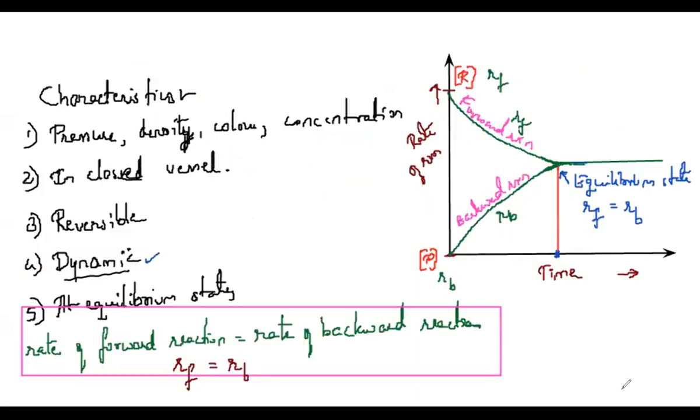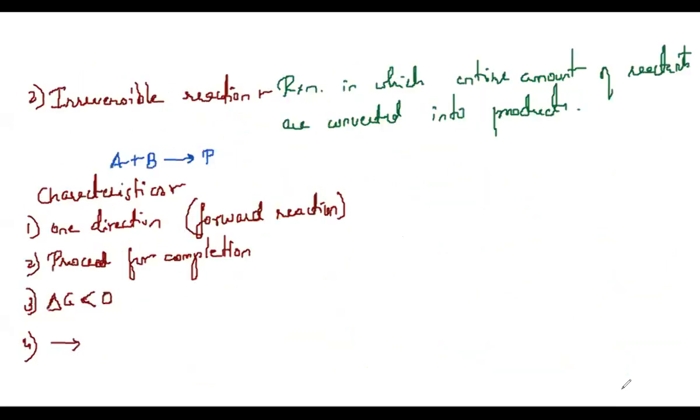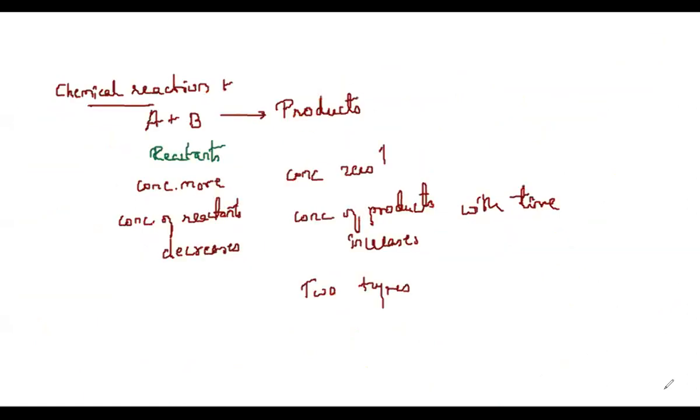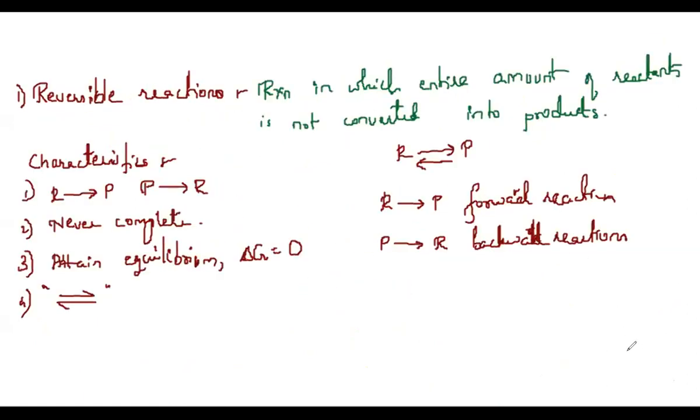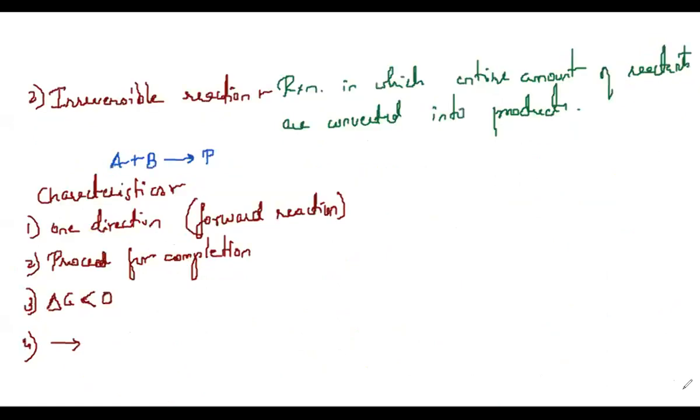So I hope whatever I have explained till now is clear. First, we discussed that there should be reversible reactions. So we have seen reversible and irreversible reactions. In reversible reactions, we have 2 reactions: one is the forward reaction and the other is the backward reaction. In an irreversible reaction, it progresses only in one direction.